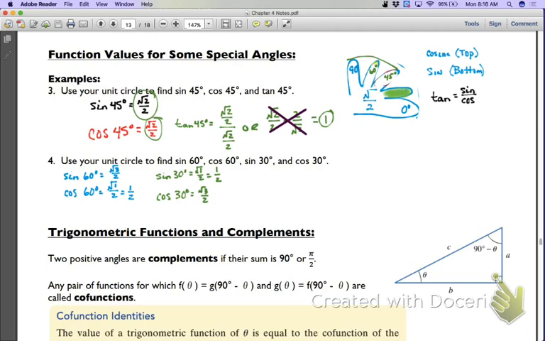So sine of 60 and cosine of 30 are the same value. Cosine of 60 and sine of 30 are also the same value. So just be cognizant and aware of what you have, especially for the 30, 60, 90. It's really the same triangle, it's just that the angle's in a different spot.